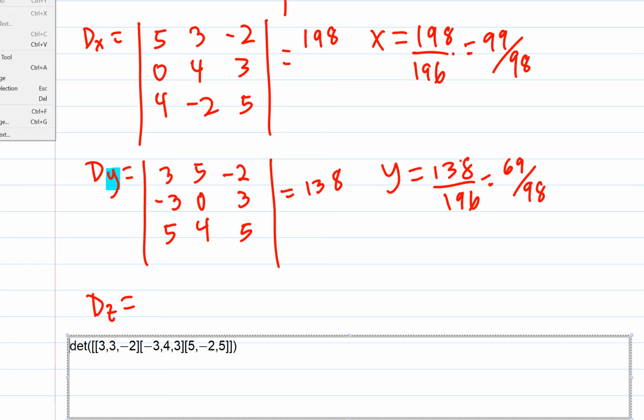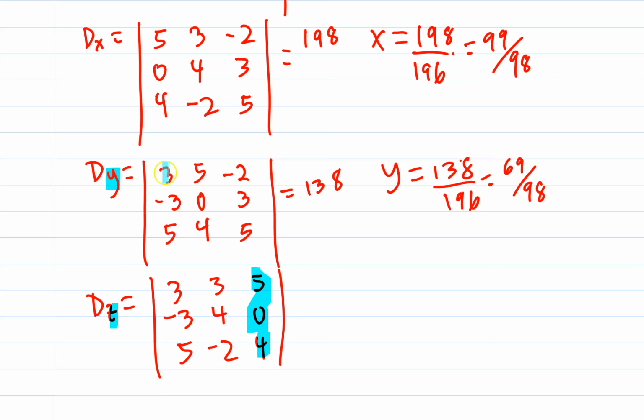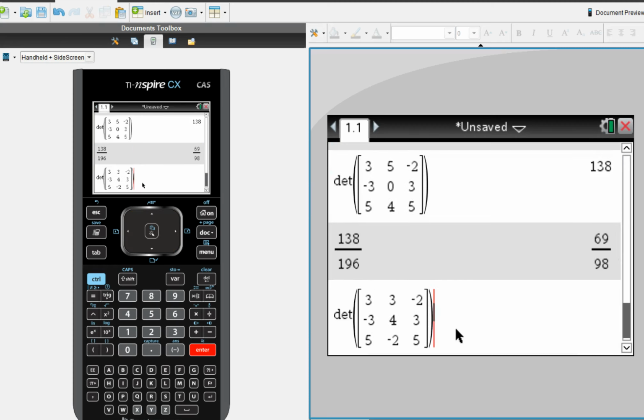Take our original matrix, 3, negative 3, 5, 3, 4, negative 2, and replace the z's this time with a 5, 0, and 4.